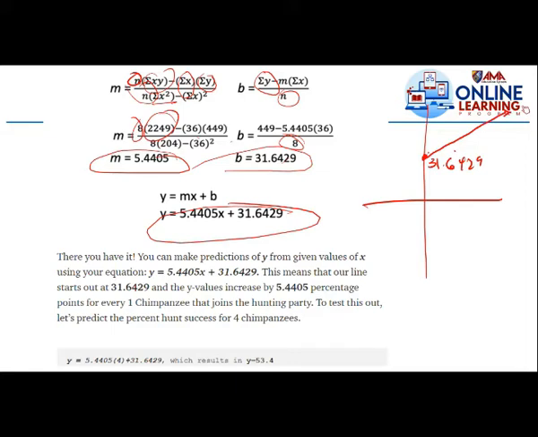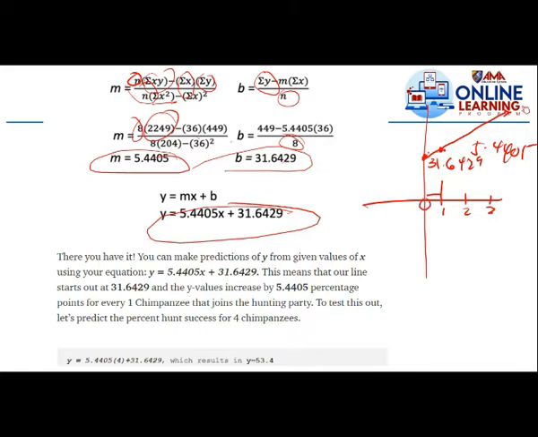Kuha? So from that, no, if we, for example, start tayo with 0 na x, then ang next is 1, is 2, 3. Pag mag-increase tayo ng 1 unit of x, mag-a-add ka ng what? Mag-a-add ka ng 5.4405 sa y.